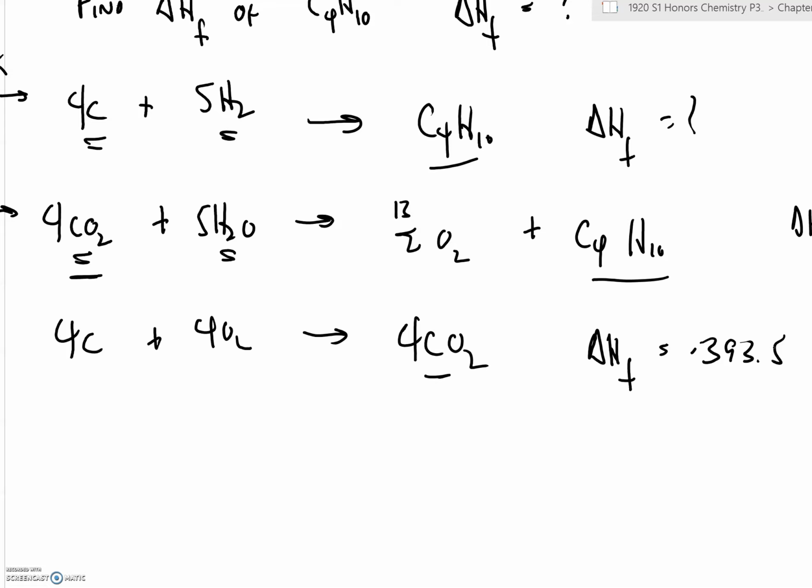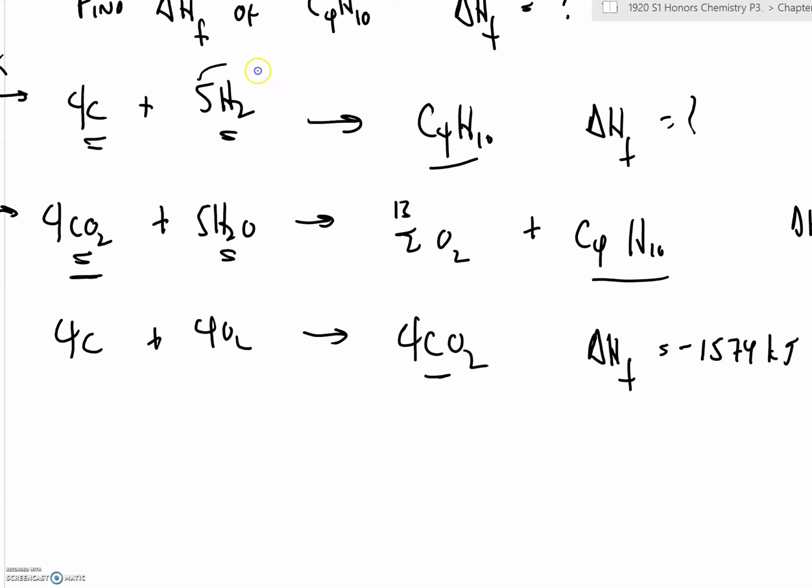So bust out your calculator, negative 393.5 times 4, and this is negative 1,574 kilojoules. Okay? Let me write that a little bit better. That looks awful. 1,574.